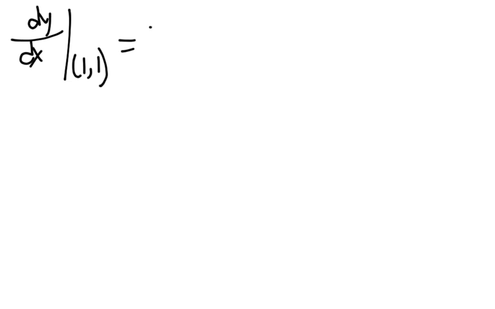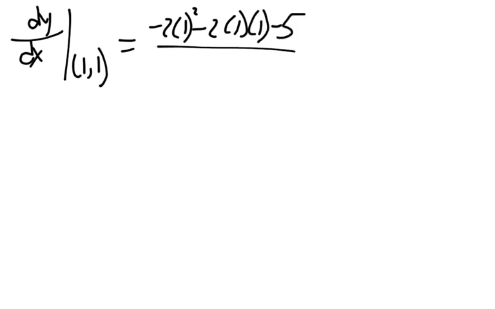Now, let's find dy/dx such that I'm on the point (1, 1). So this will be negative 2 times 1 squared minus 2 times 1 minus 5 over 4 times 1 plus 1 squared.